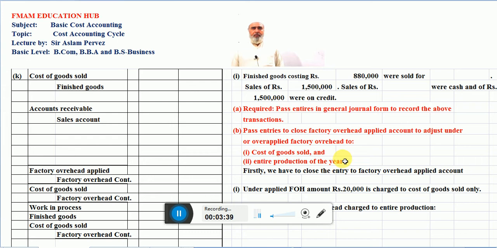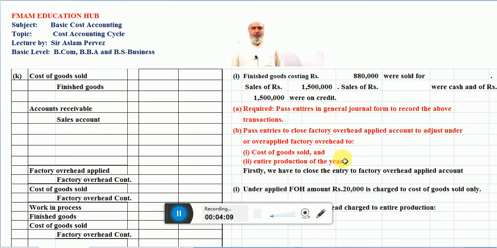The entire production of the year means those inventories which are in closing, like work in process inventory, finished goods inventory, and the part of product which is sold in the market, like cost of goods sold.